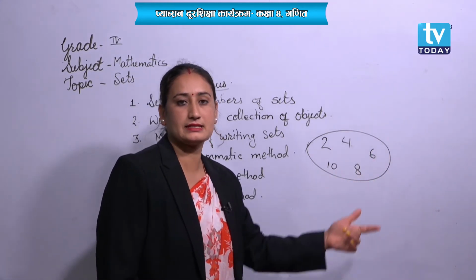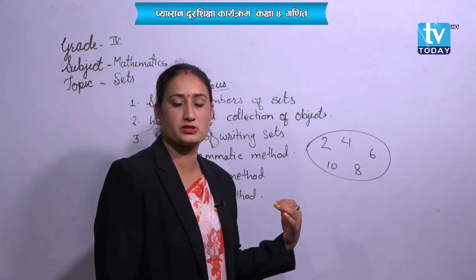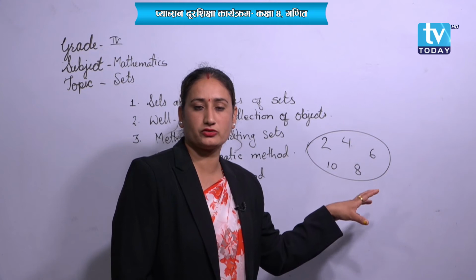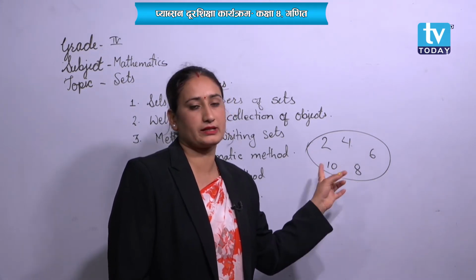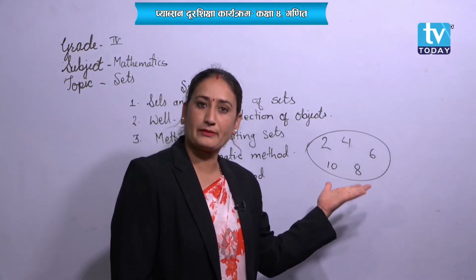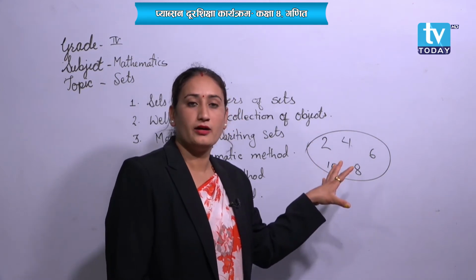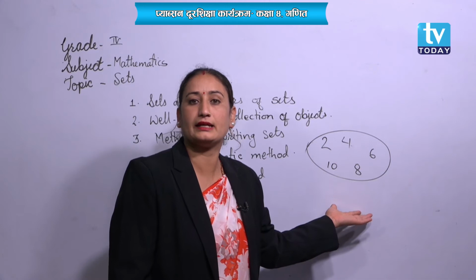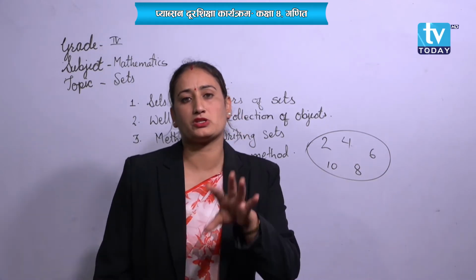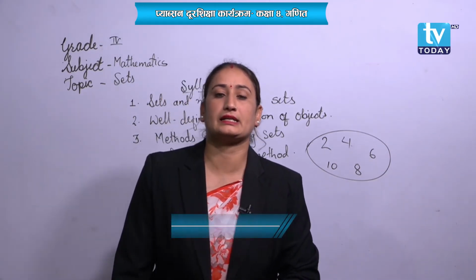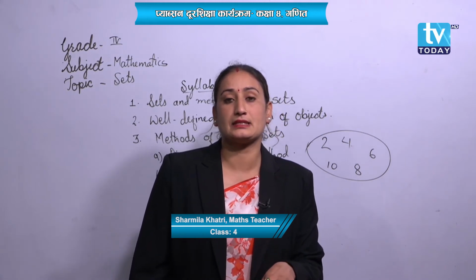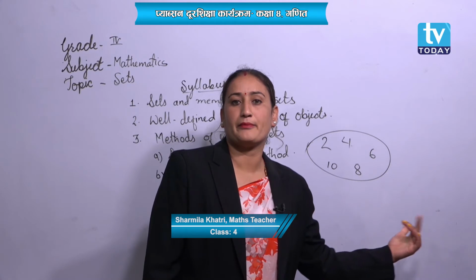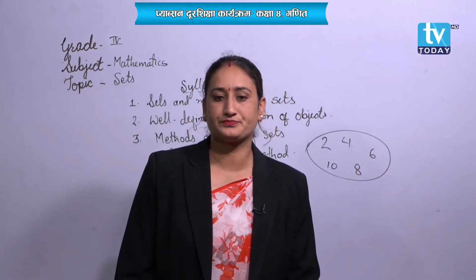You can see in the previous picture also, vegetables are shown, and you crossed out the apple. That means it's shown through the picture and you can easily identify it. Showing through a picture is how we represent a collection of a set, that is through the diagrammatic method. Done?